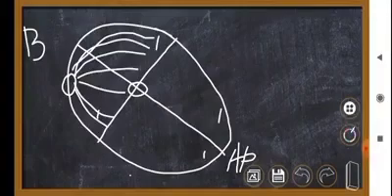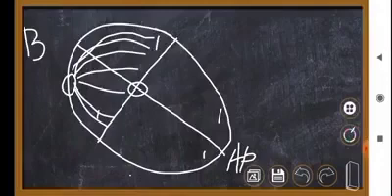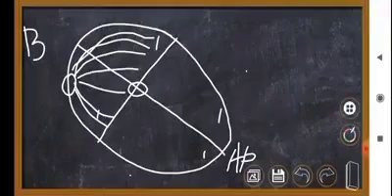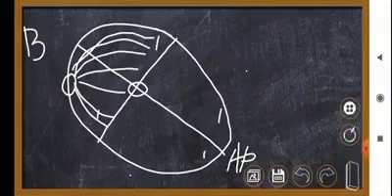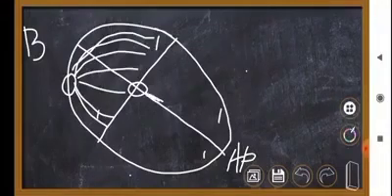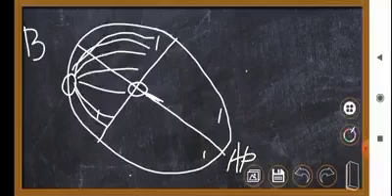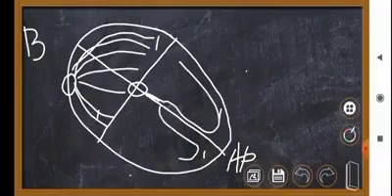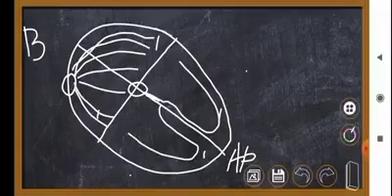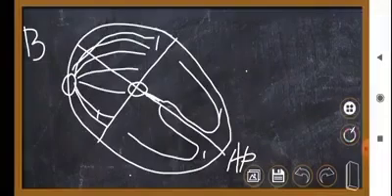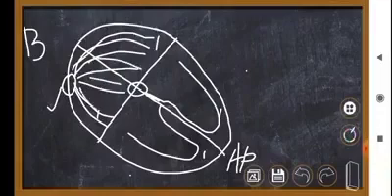And after relaying in the AV node for a few milliseconds, the electrical impulse then travels downstream through the bundle of His, and from the bundle of His there arise the left bundle branch and right bundle branch. So when the electrical impulse gets fired from the sinoatrial node, it depolarizes the atria.